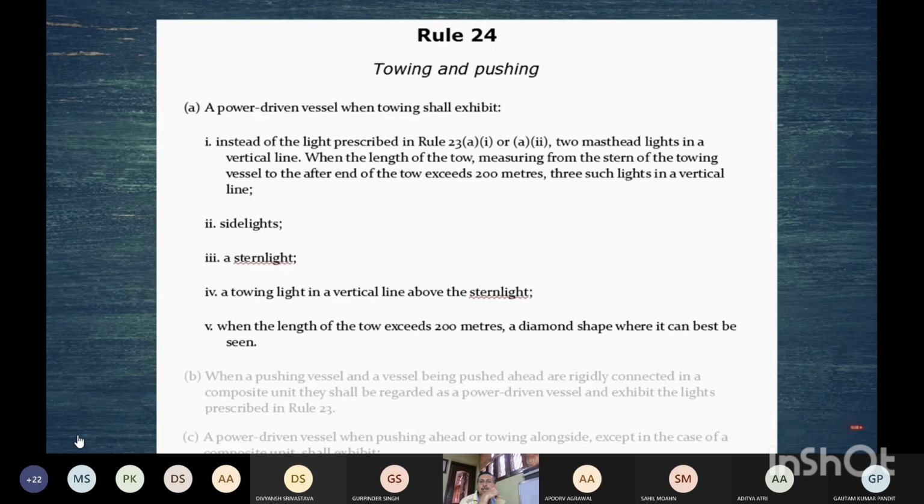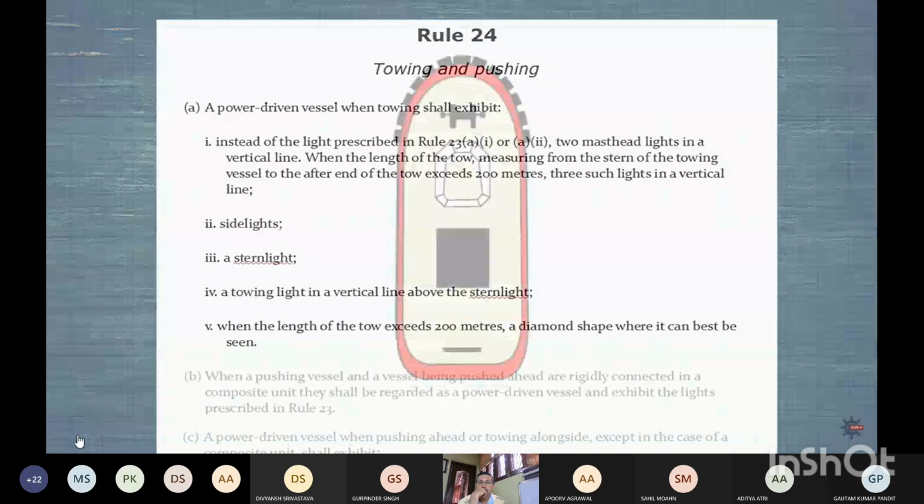Instead of the masthead lights, you've got to show two masthead lights in a vertical line, or if your tow is greater than 200 meters, three masthead lights in a vertical line. In addition, side lights, a stern light, a towing light vertically above the stern light, and if your tow is over 200 meters, a diamond shape where it can best be seen.